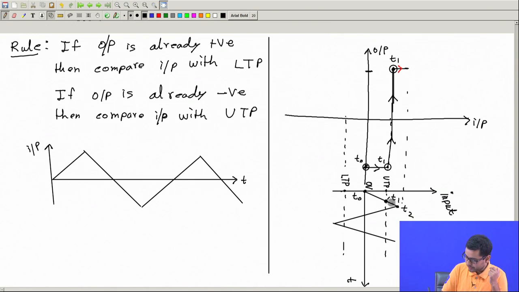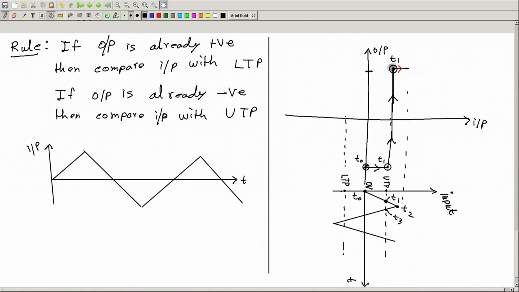After that, what happens? The input goes down, up to this point, t3. Then the input is going down, so let me put a reverse arrow, but the output will remain positive. The output is already positive, and when the output is positive, what is the rule? I have to compare with the lower trigger point, and the input is above the lower trigger point, so the output will remain positive.